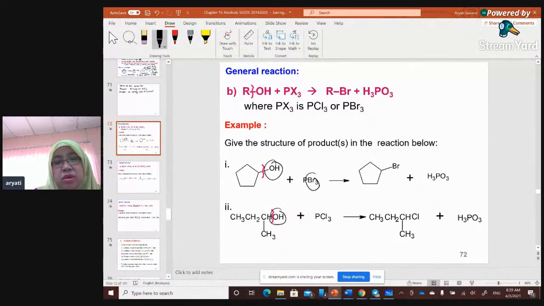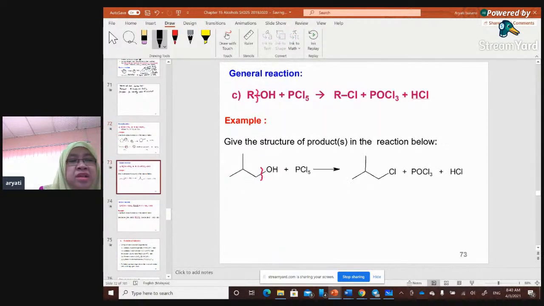So this one OH substitute with Cl, so dia akan dapat haloalkane this one. Okay, so this is the general reaction for equation for alcohol react with PCl5. OH is substitute with Cl, produce RCl. So OH substitute with Cl, dia akan jadi haloalkane. This one.